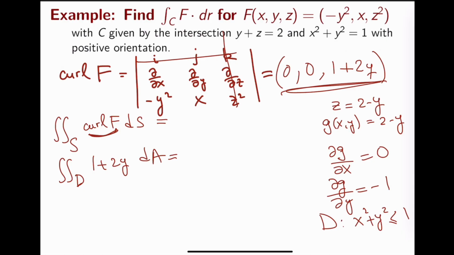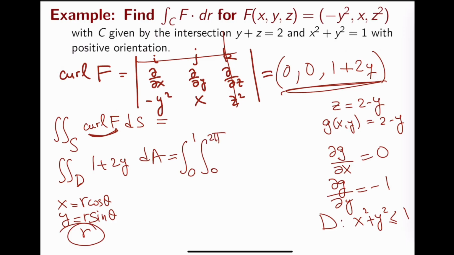So in order to calculate this integral, since the domain is this disk, it will be convenient to do a change of variables. So let's do a change to polar. So this is x equal r cosine, y equal r sine, and we are going to multiply by r, the differential. And so this is going to be equal to the integral between 0 and 1 of the integral between 0 and 2 pi.